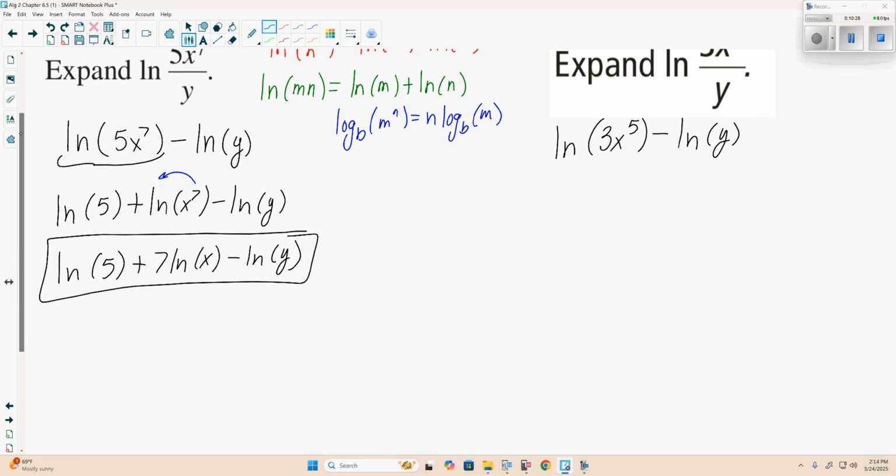Our next is going to be product. Now, natural log of y, there's nothing being multiplied together besides y and 1, so we don't do anything with it. 3x to the fifth, well, we do have two terms. We have the 3 and x to the fifth.